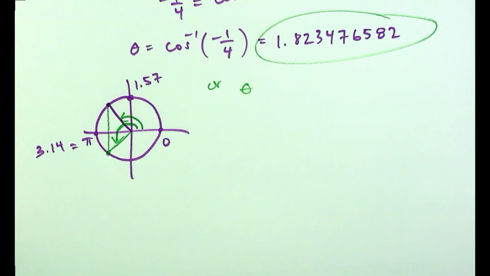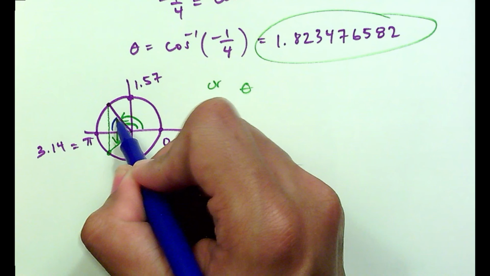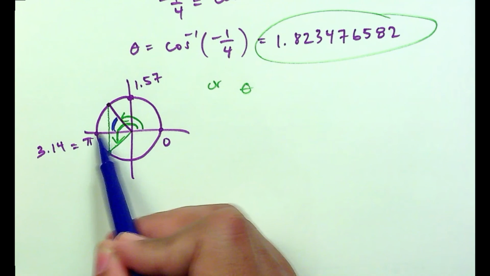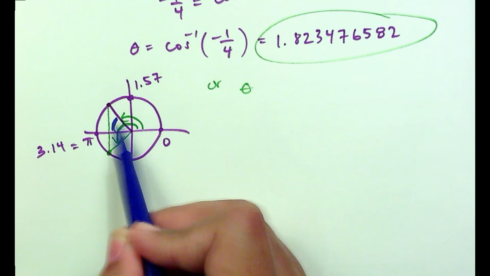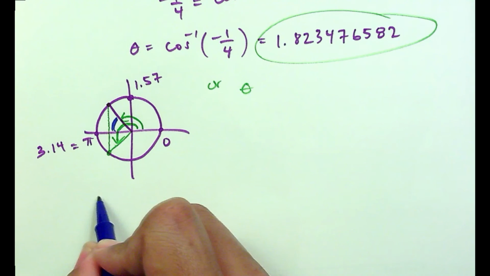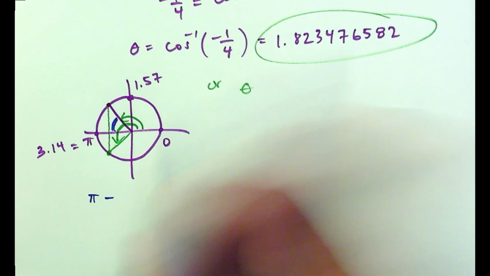I need to figure out first what this piece is. This piece is short of pi by this much, so I have to take away this much to figure out that piece. So the blue part is pi minus the green part. The green part is this.